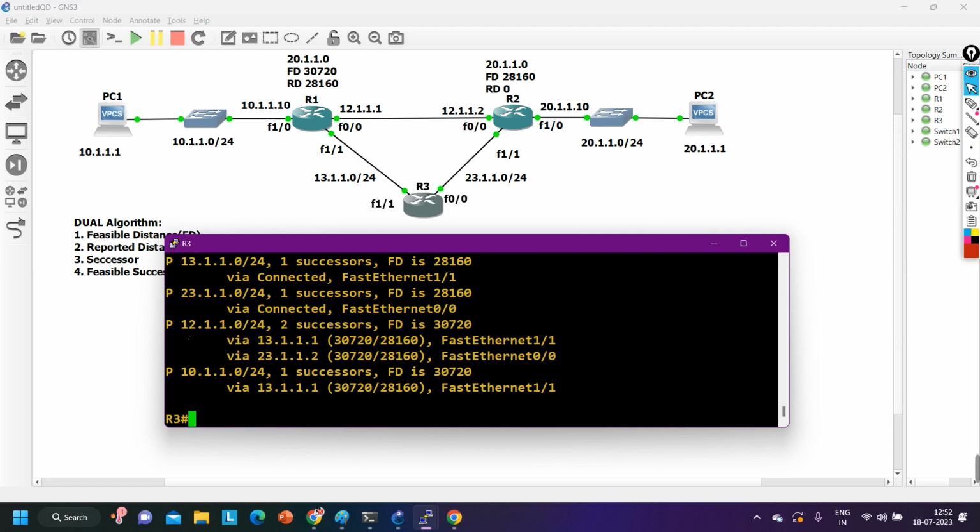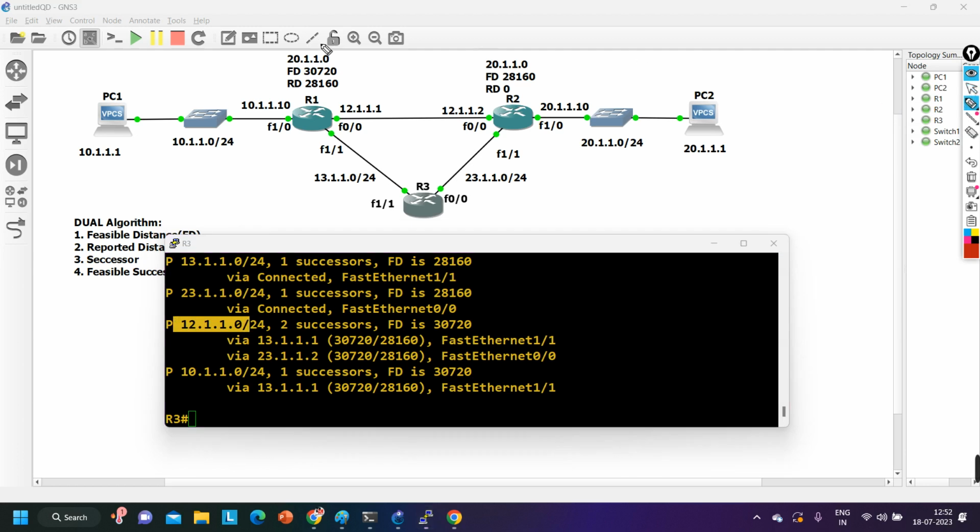Inside the topology table, see the 12 network. The 12 network means the network between router 1 and router 2, here we are running 12.1.1.0. Router 1 is also advertising this network and router 2 is also advertising this network. Yes or no? Yes. Both routers are advertising. So how many successors do we have? 2.